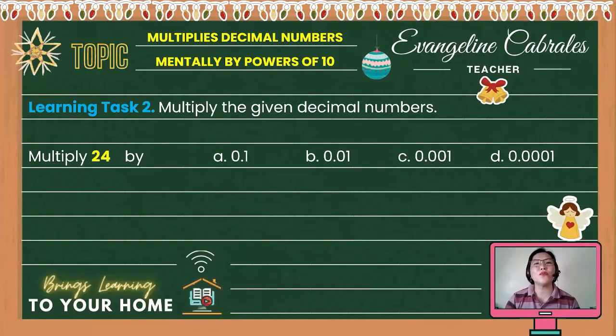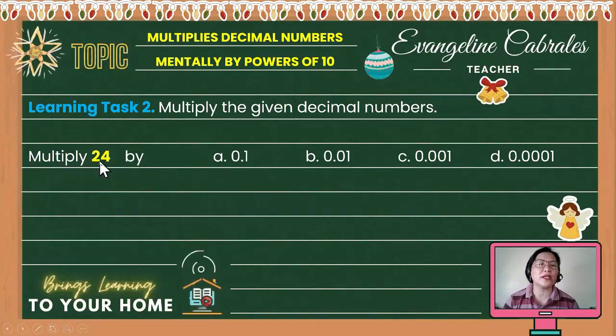So, sa inyong module, sa Learning Task 2, ang nakalagay ay multiply the given decimal numbers. So, you will multiply 24 by A, 1/10, B, 100s, C, 1,000s, and D, 1/10,000. So, ito ay decimals, kaya papunta saan ang movement ng decimal point?